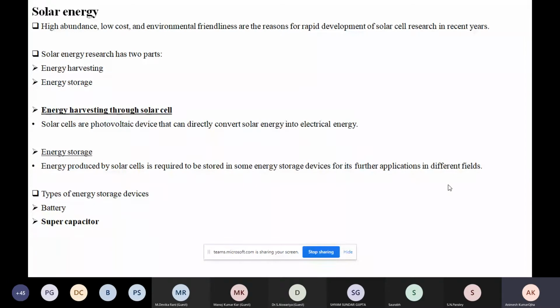And this energy can then be stored in energy storage devices for further application in different fields. The storage devices we know are the battery and the supercapacitor. I will be talking about the supercapacitor here; in the first case I will talk about energy harvesting through solar cells, and in the second part the supercapacitor.